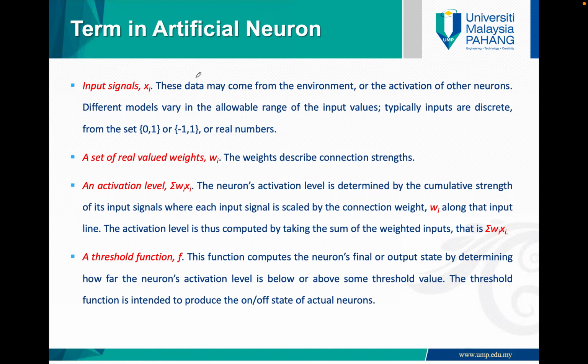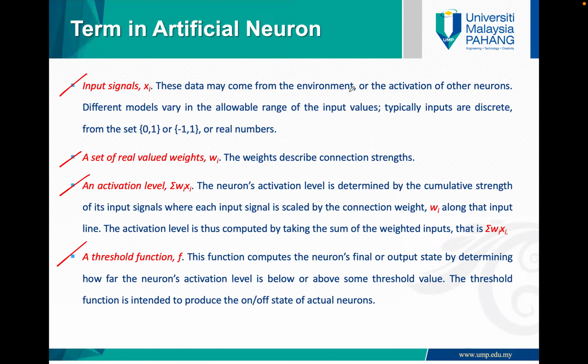So these are terms that you have to be familiar with when we are learning neural networks. These are terms that involve the input signals, a set of real valued weights, an activation level, and also a threshold function. For input signals, we will have a set of data that comes from any kind of form.